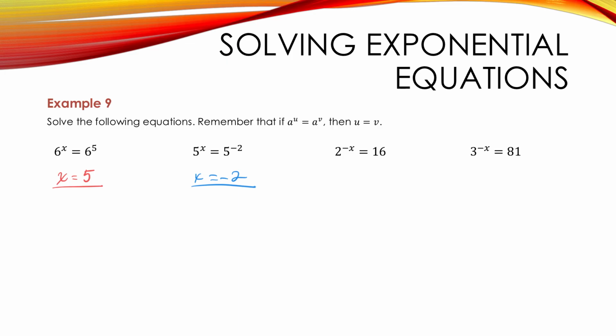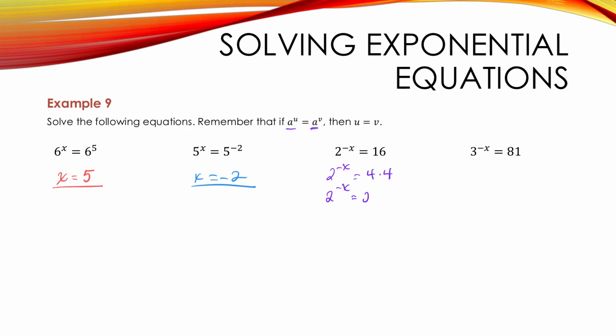Where things get a little different is when we look at this third one. It says 2 to the negative x is equal to 16. Currently, they don't have the same base. So what we can do is make them into the same base. I can make 16 a power of 2. 16 is 4 times 4.